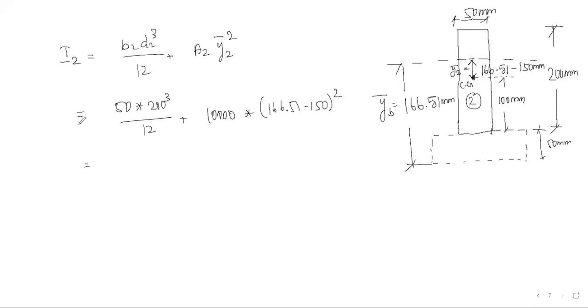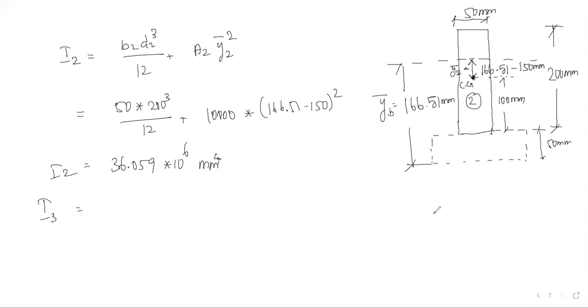So 50 into 200 cube divided by 12 plus 10,000 into 16.51 the whole square. It becomes 36.059 into 10 to the power 6 mm power 4. So this is the value of I2.